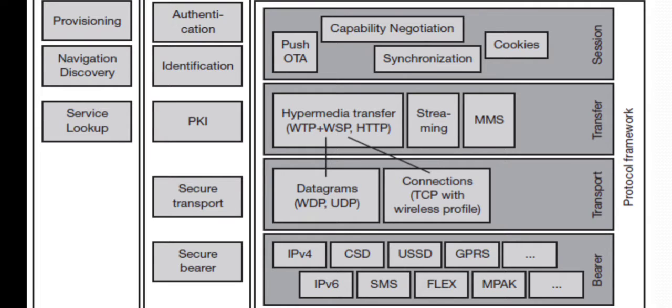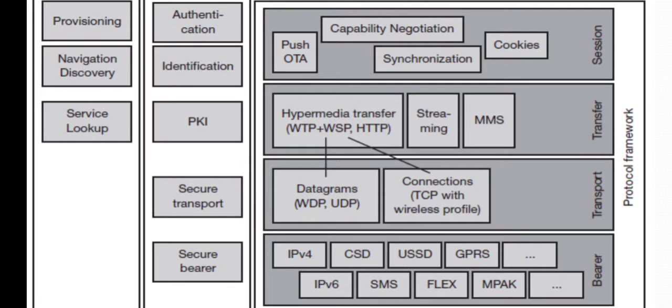Here in the datagram you have WDP and UDP. WDP stands for Wireless Datagram Protocol, and it defines the movement of information from the receiver to the sender and adapts to the User Datagram Protocol, UDP, in the Internet Protocol.